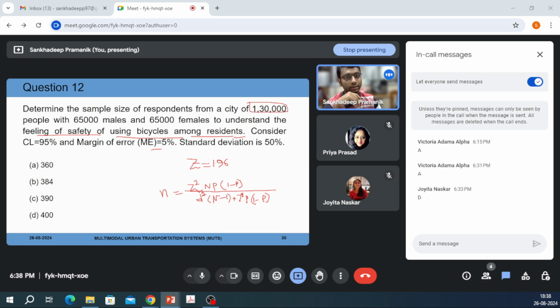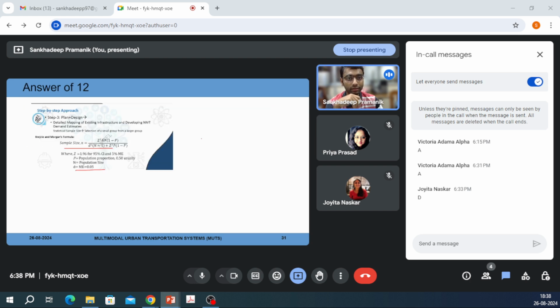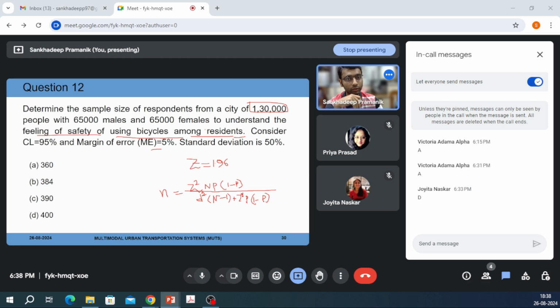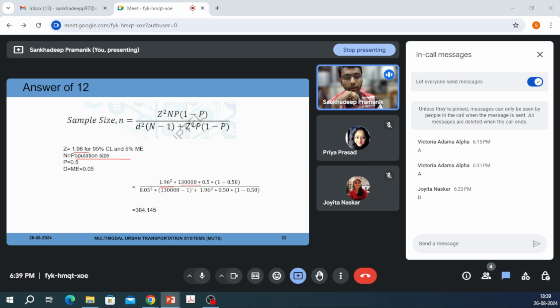In some cases, if specifically asked for male or female persons, then this sample size may change accordingly. But in this case, as it is saying the feeling of safety of using bicycles among residents, therefore N will be 1,30,000.